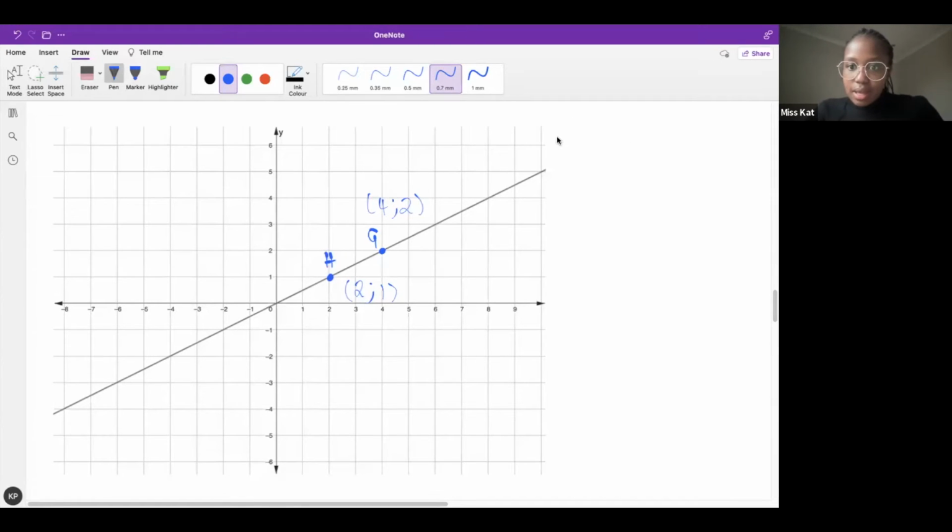Formula is M equals the y of G minus the y of H over the x of G minus the x of H, which is equal to the y of G is 2 minus, what's the y for H?